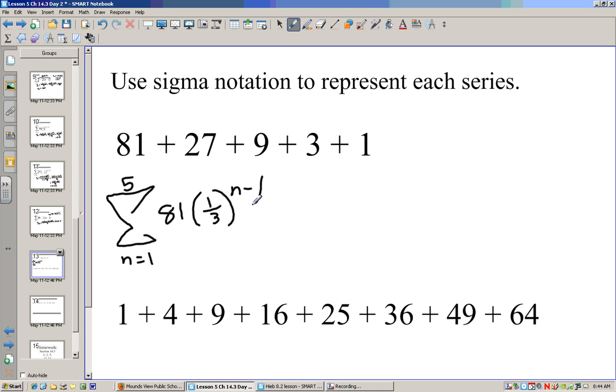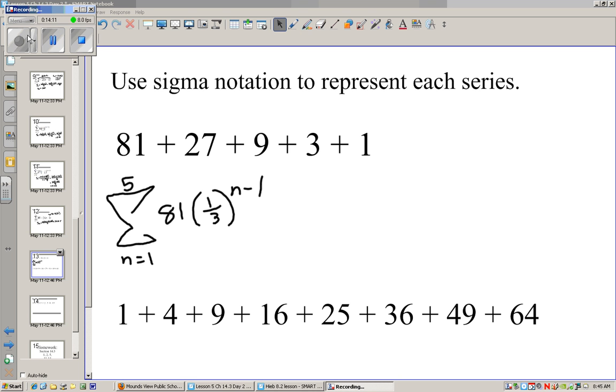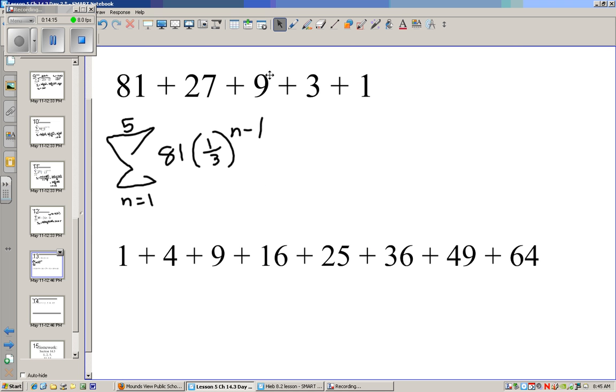And then we put that to the n minus 1, because this is the explicit form. All right, for this next part, there's 1, 2, 3, 4, 5, 6, 7, 8 terms. So we're going to go from n equals 1 to 8.